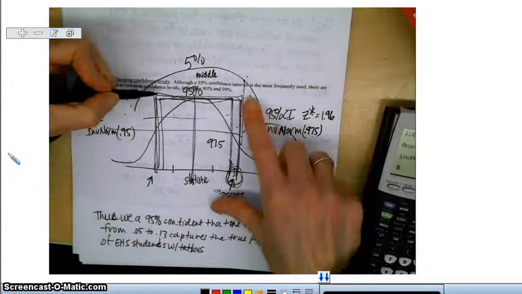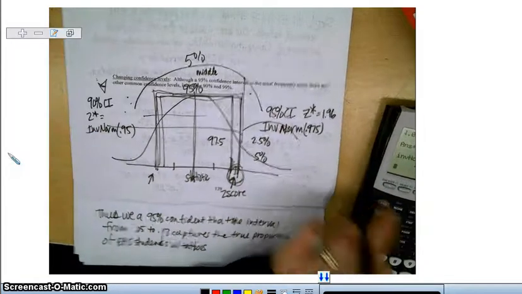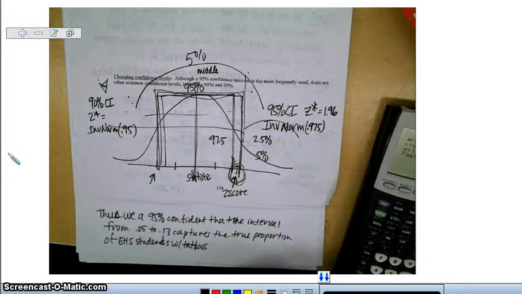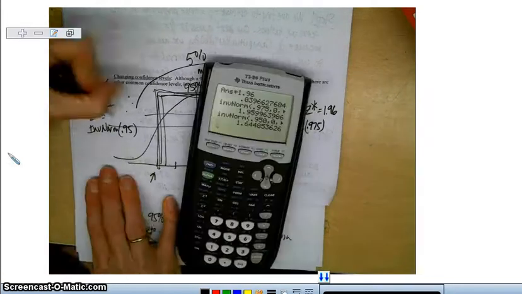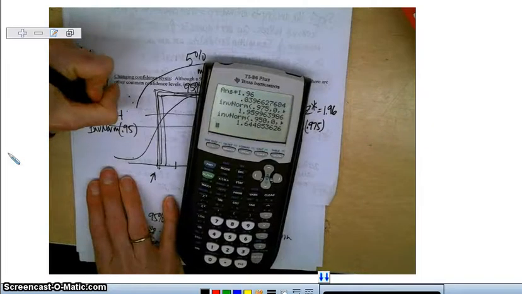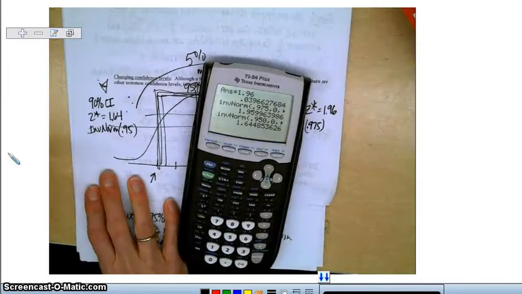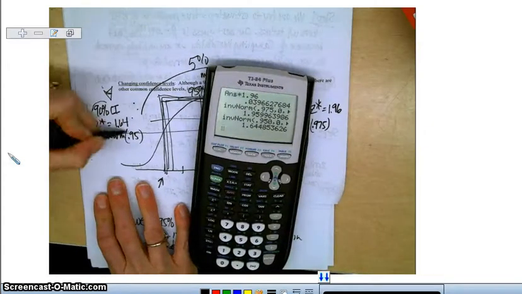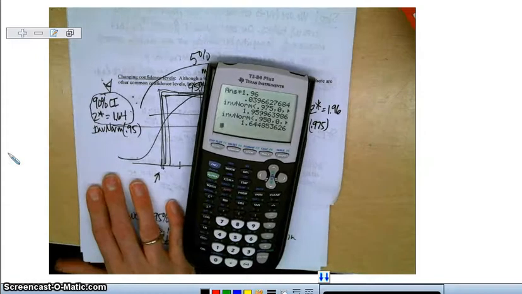Remember, we're trying to capture the middle 90%. Second distribution, 3, 0.950, and that gives you 1.64. These are just things you need to memorize. So for a 90% confidence interval, the z-score is 1.64.